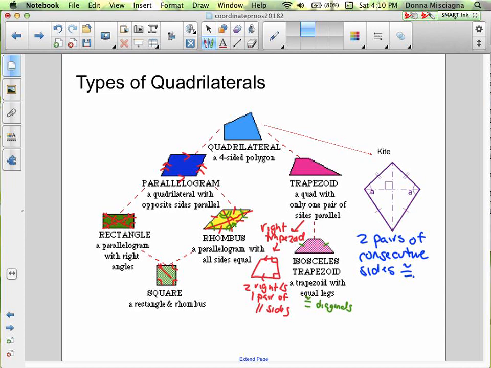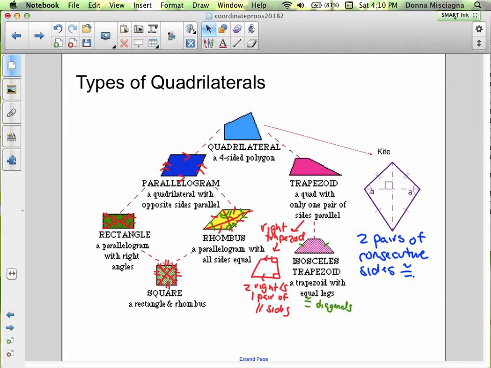The congruent diagonals are true. And everything about a rhombus is true for a square. So it has four congruent sides as well. And because it has four congruent sides, the diagonals are perpendicular and they bisect the angles. And I can't show any of that on that little tiny square, so I'll just tell you that.